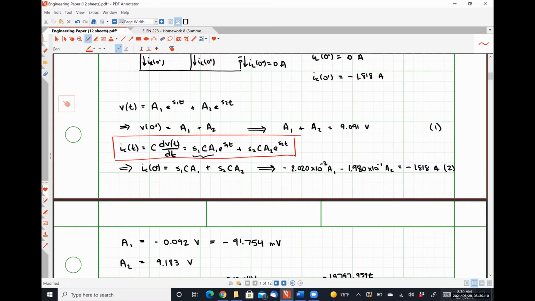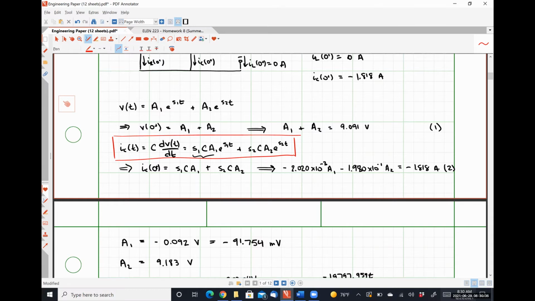And the derivative of my voltage came directly from the table. That's S1 A1 e to the S1t plus S2 A2 e to the S2t. And then I distributed my capacitor value C. So I can see that the coefficient for the e to the S1t term is just the product of S1, C, and A1. So that's all I did. Let's just multiply those three together.